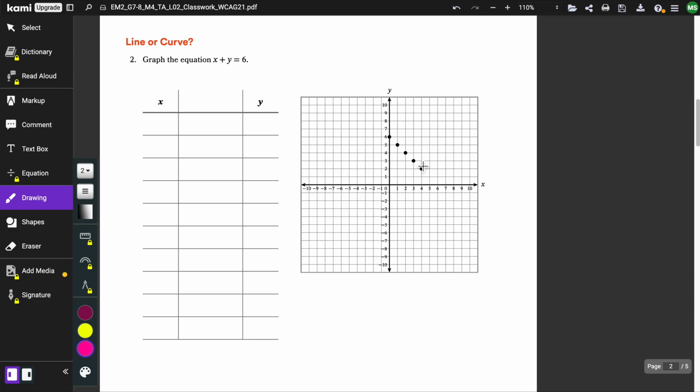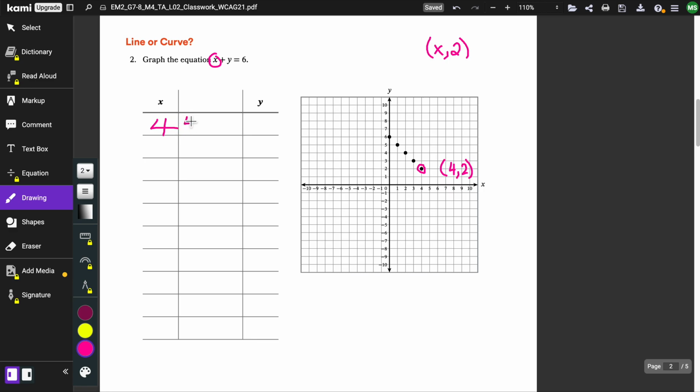So first we're going to start with checking this point. And this is the point 4, 2, right? If I were to write my coordinates out, it would look like this, where my x is 4 and my y is 2. So let's check that out. If my x is 4, I'm going to put that value into my equation for x.